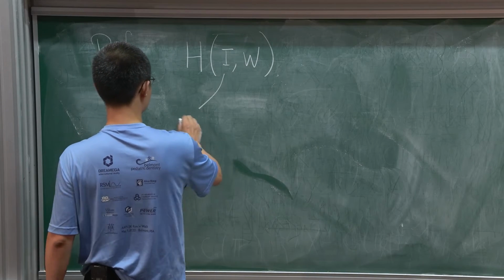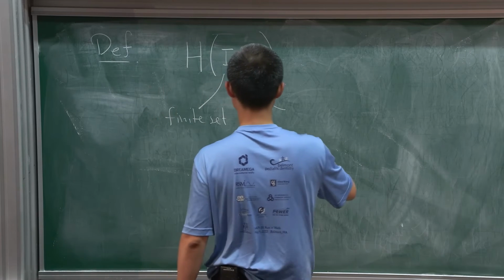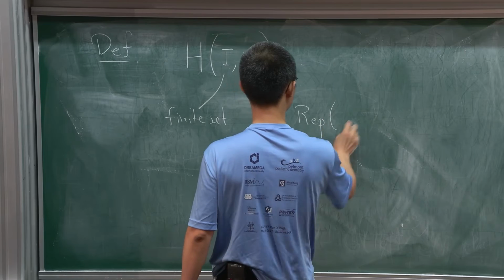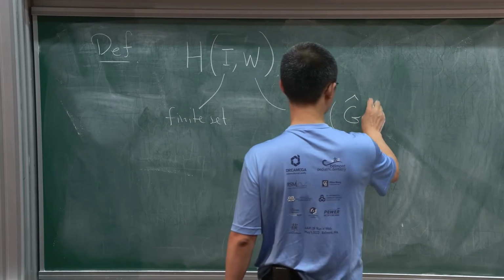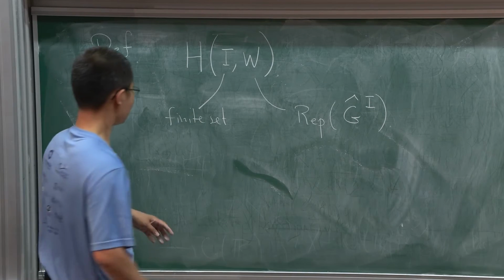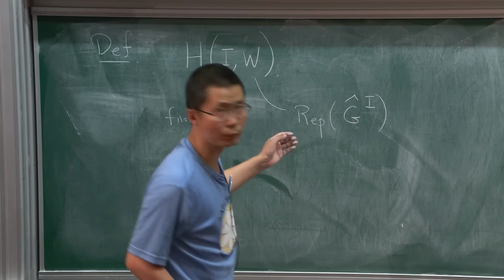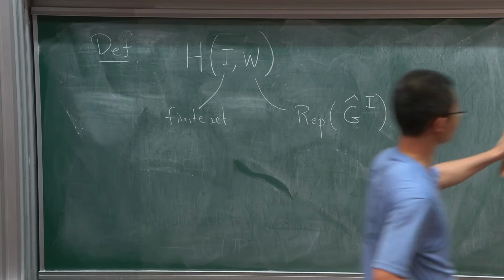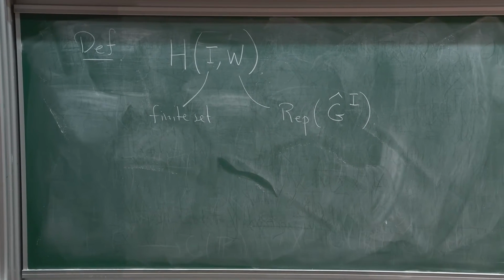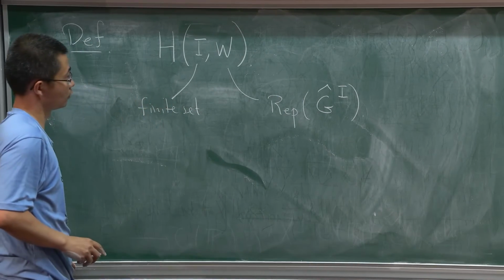This I is a finite set. This W is a finite dimensional representation of the dual group to the power I. I'm going to, it's going to be a long definition. I'm going to do it in steps. So this will be the cohomology of moduli of Shtukas.